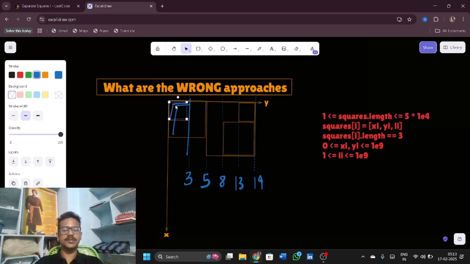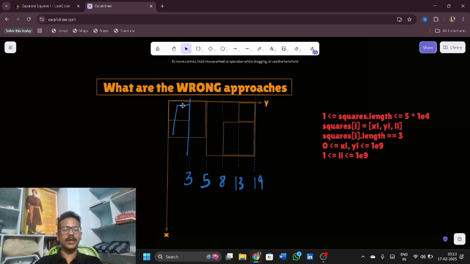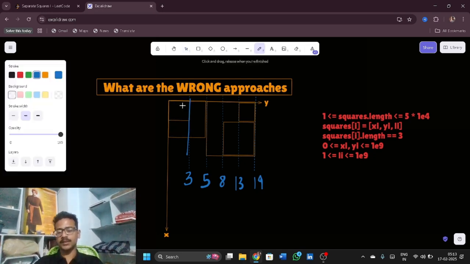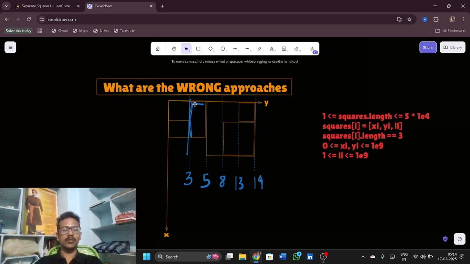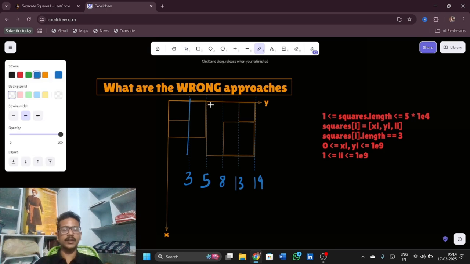Now there is another square. I only need the rectangle's area, which is 2 into 1. If I add 2 into 1, that is 2, to my 3, it will be 5. After that I have another rectangle, 3 into 1, which is 3, and if I add this to 5, it will be 8.